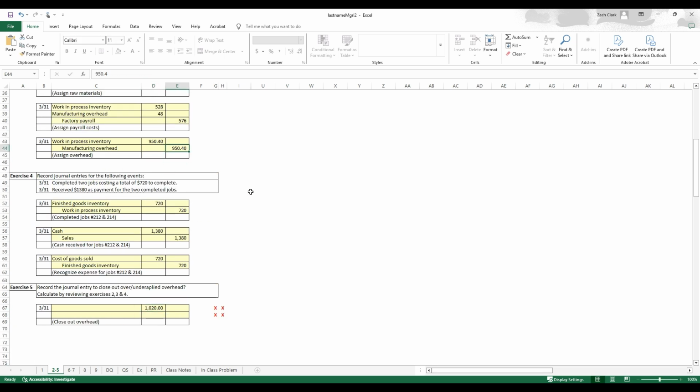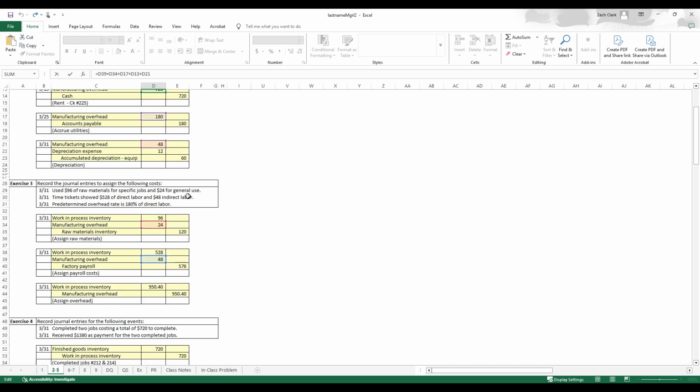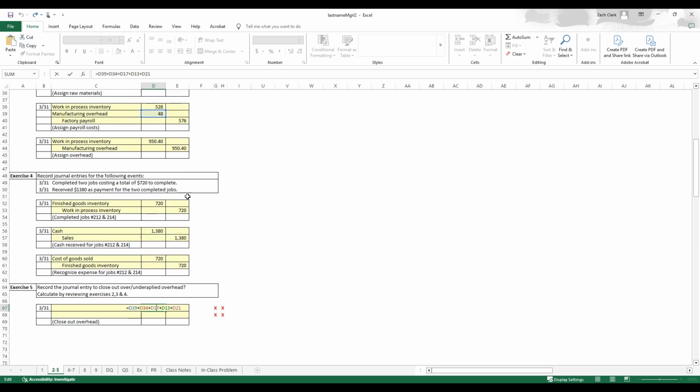And then the credits were $950.40. So we underapplied our overhead because we actually incurred 1,020 of actual costs, right? And then using our predetermined overhead rate we only allocated $950.40.